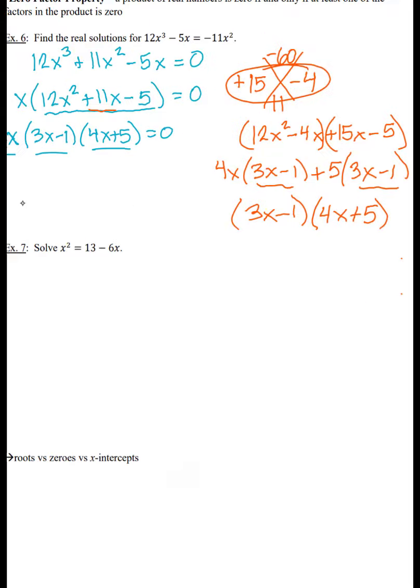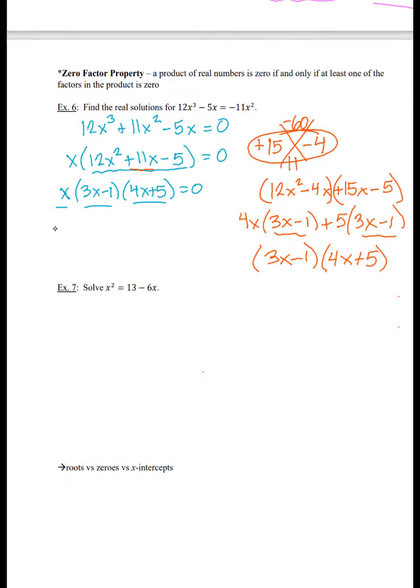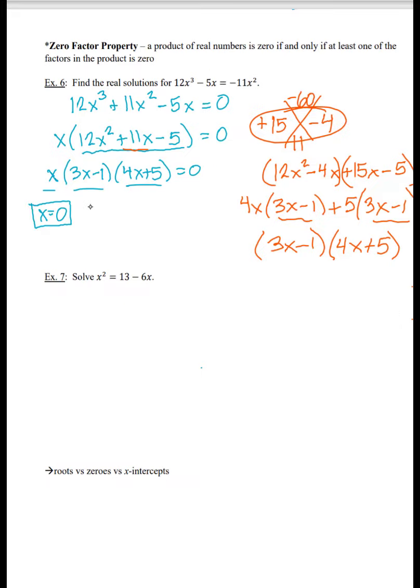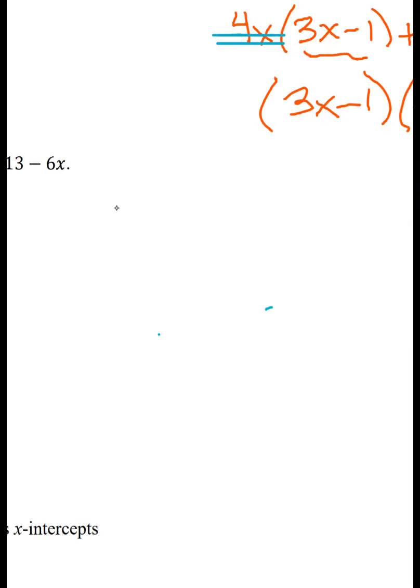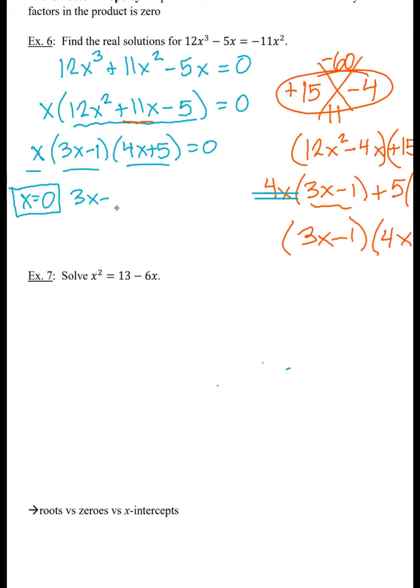So our first one would just be x equals 0, so that's already a solution in itself. The second one would be 3x minus 1 equals 0. And then the third one would be 4x plus 5 equals 0.